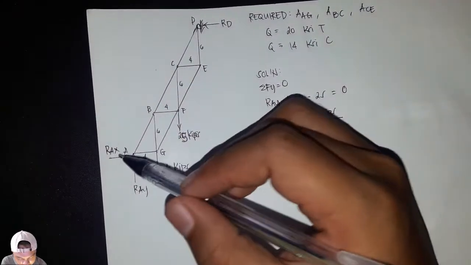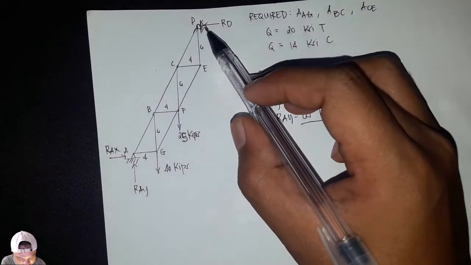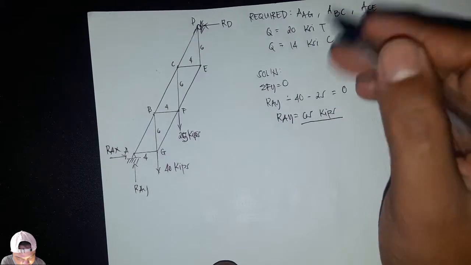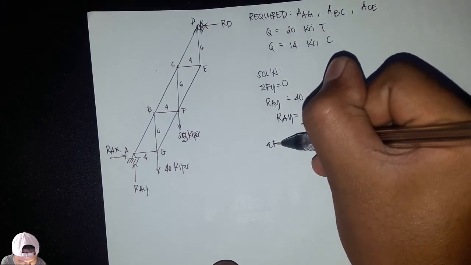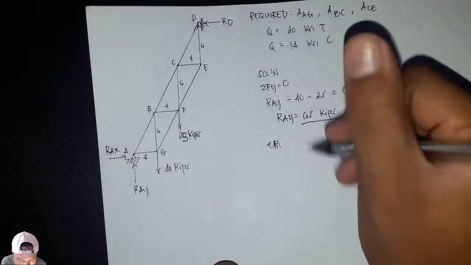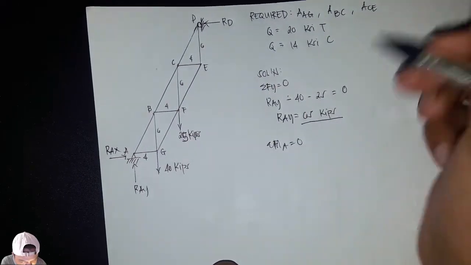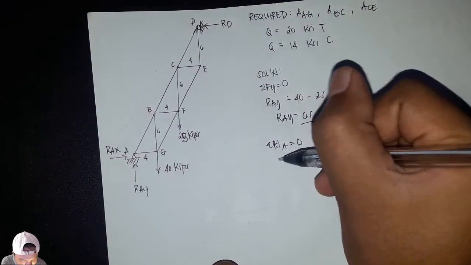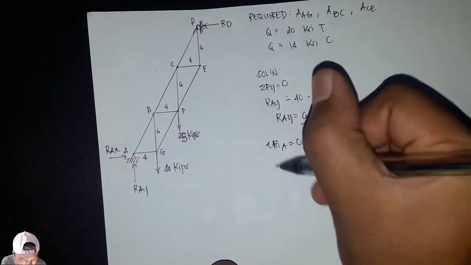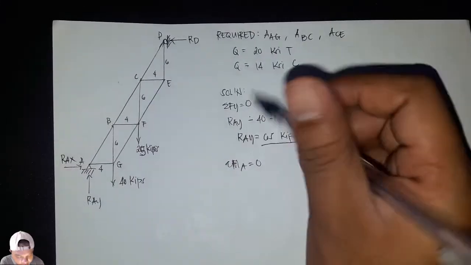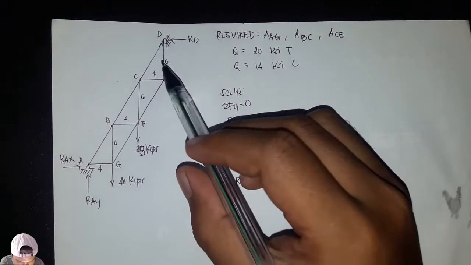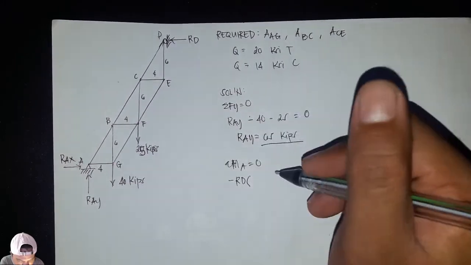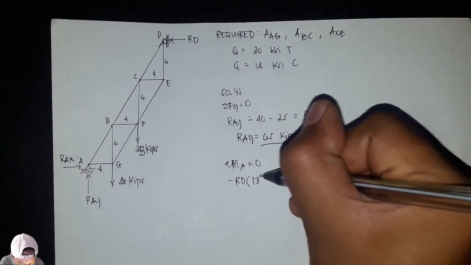And to solve for RD and RAX, siguro summation of moment at A tayo equals to 0. So to solve for RD, negative in rotation, so RD is negative times 18.